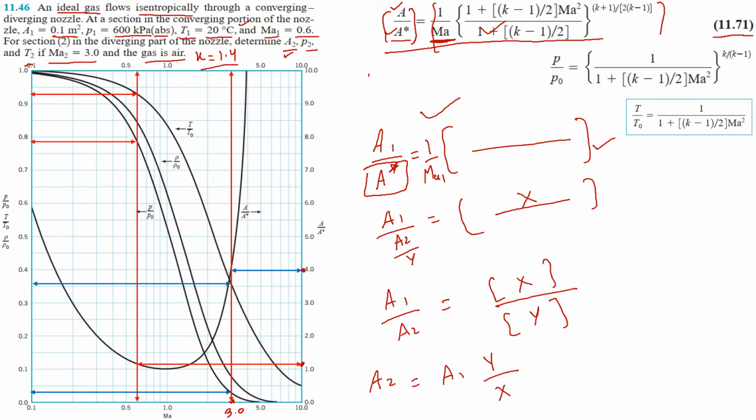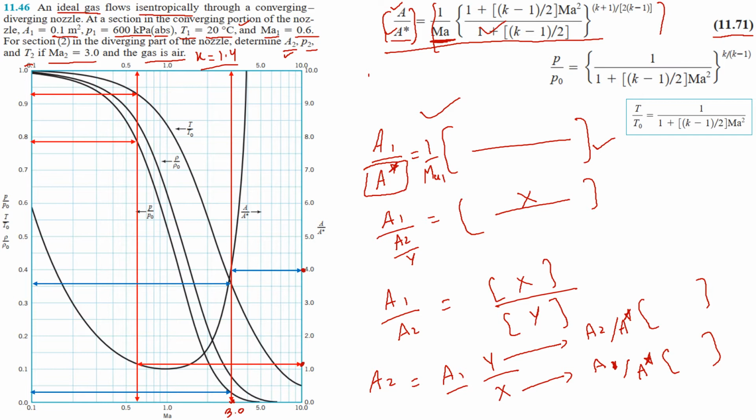As you remember, y was the value for A2 over A star, and x was equal to A1 over A star, and we can know their values from the graph that is given. So we will get the values of y and x, and then I can find my A2.